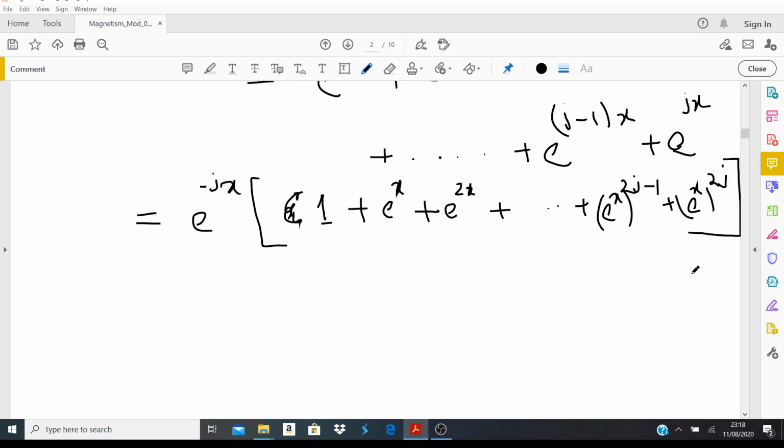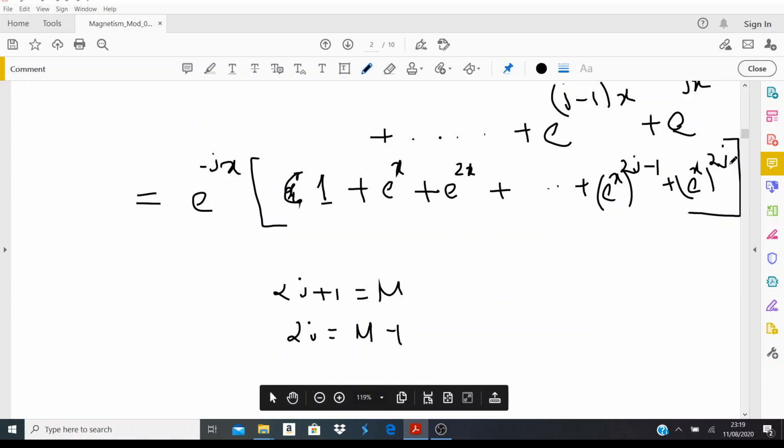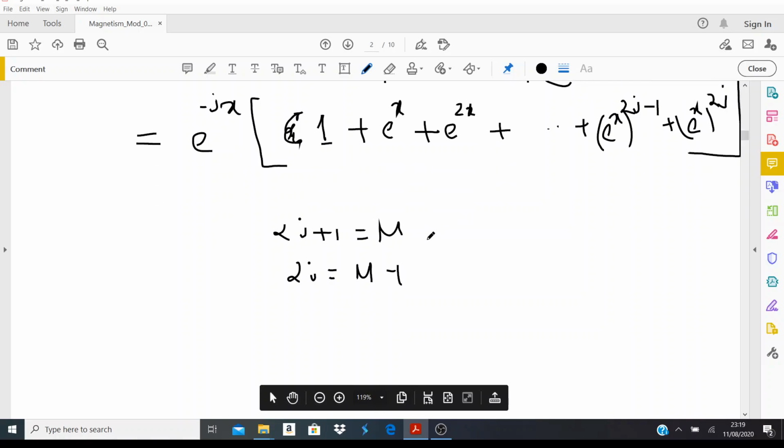Now we want to convert this series into a geometric series so that we can evaluate the sum, right? And the idea is that we just want to replace some of these indexes, change of variables, nothing else. Let us define that twice j plus 1 is some number m, right? Then what is the value of this twice j? It is m minus 1, right? So this twice j is now m minus 1 in terms of m.